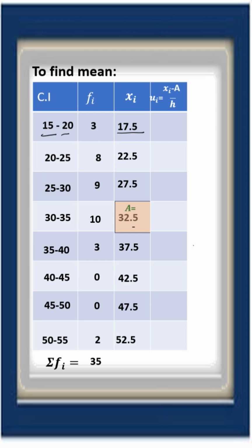Negative 15 by 5, what is it? Negative 3. 22.5 minus 32.5, what will you get? Negative 10 by 5, it is negative 2. 27.5 minus 32.5, you'll get negative 5 by 5, it is negative 1.